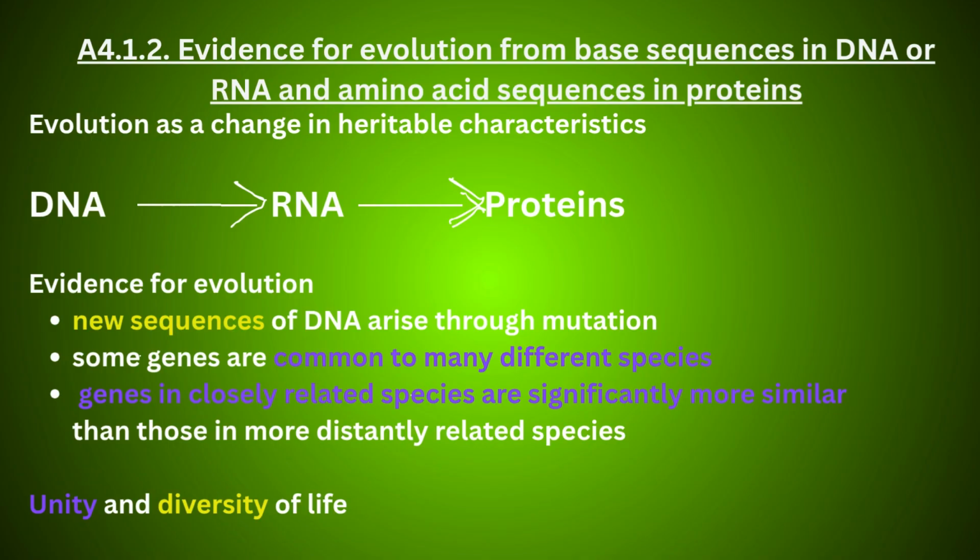Finally, genes in closely related species are significantly more similar than those in more distantly related species. This beautifully illustrates both the unity and diversity of life. The unity lies in shared genetic heritage, while the diversity arises from new mutations and adaptations to different environmental pressures.